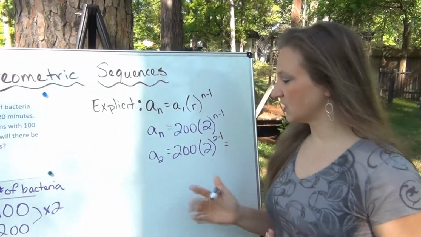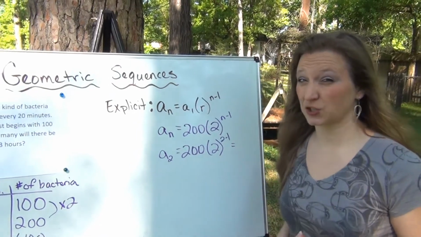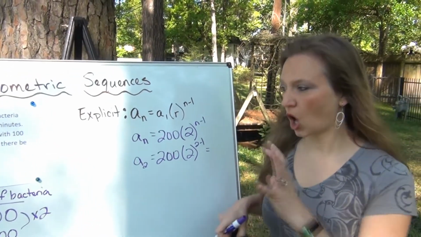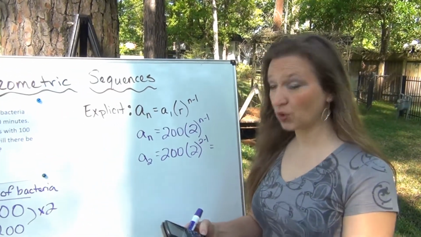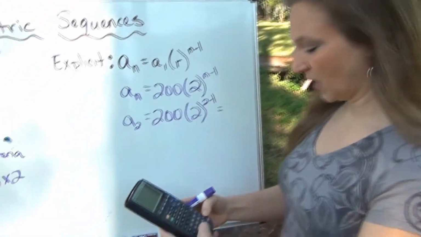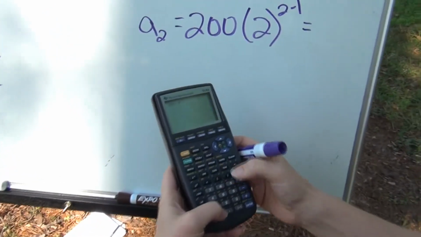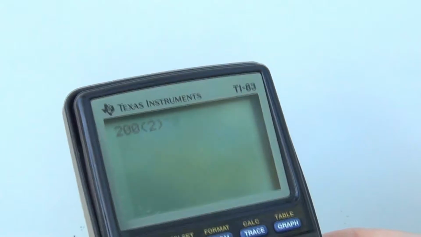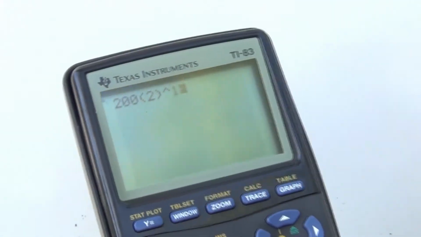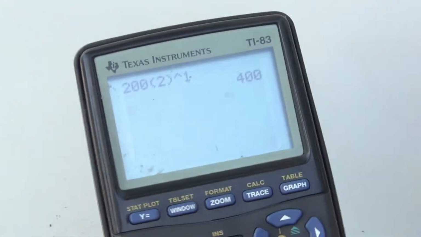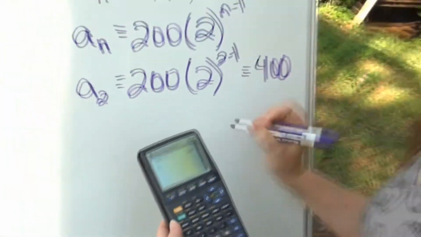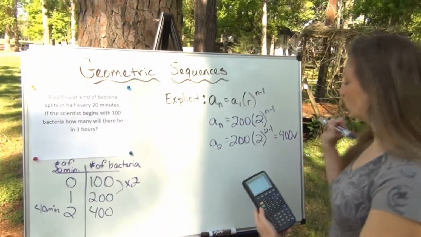It's always a good idea to check your rule on smaller numbers to make sure that it's actually working the way you expect it to work. That way you know you wrote an equation that's effective. So 200 times 2, 2 minus 1 is 1, so that is 400. That's what we expected to get, so our rule is good.